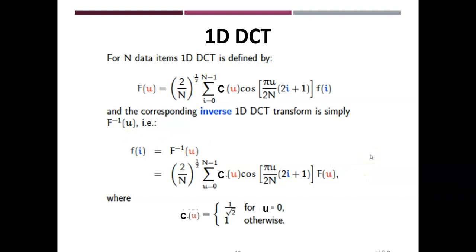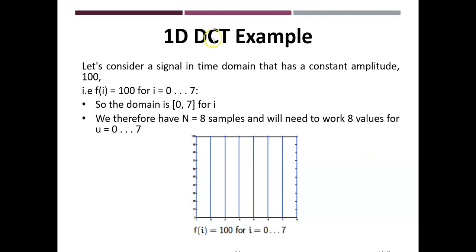Okay, so here is an example on calculating the 1D DCT. Let's consider a signal in the time domain that has a constant amplitude of 100. So we can say that f(i) equals 100 for i equals 0 until 7.